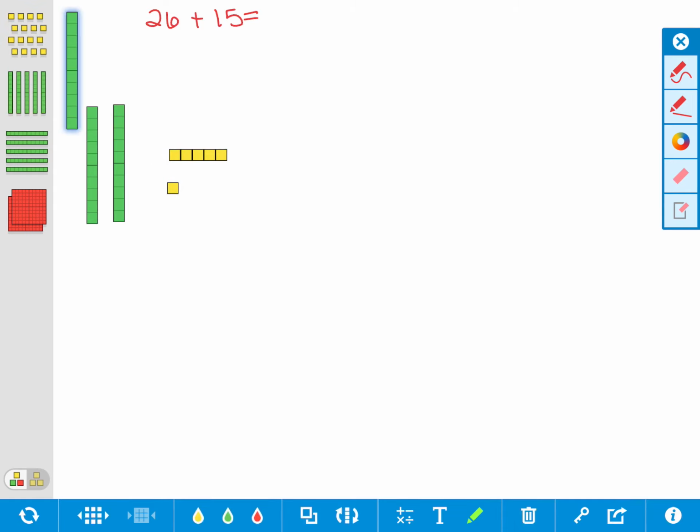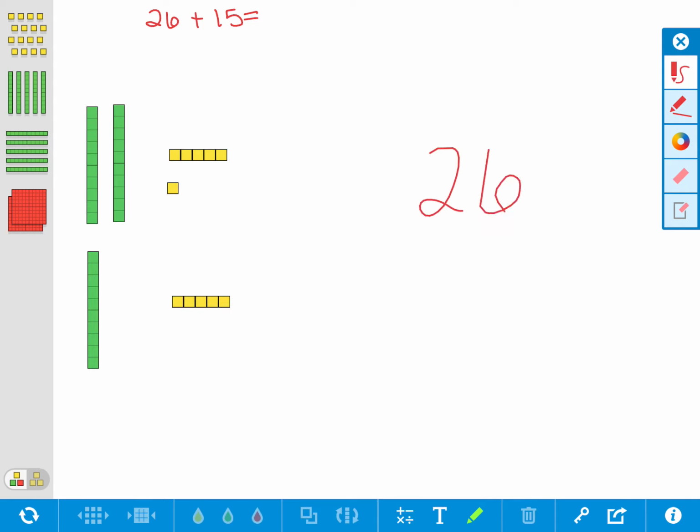There's 26, and then my number 15. Okay. Now I'm going to rewrite it on the right, just like I did before. 26 plus 15.